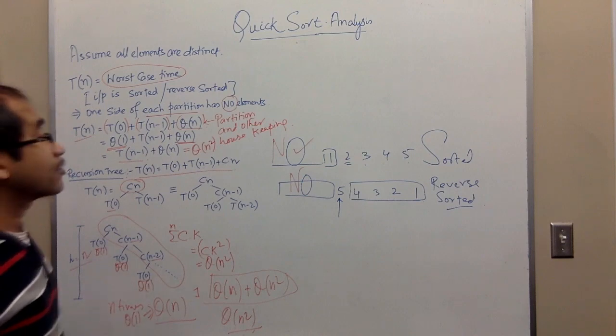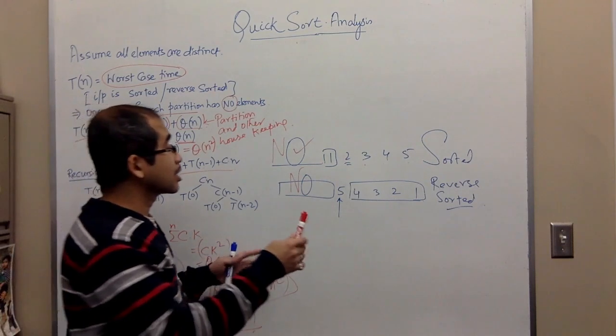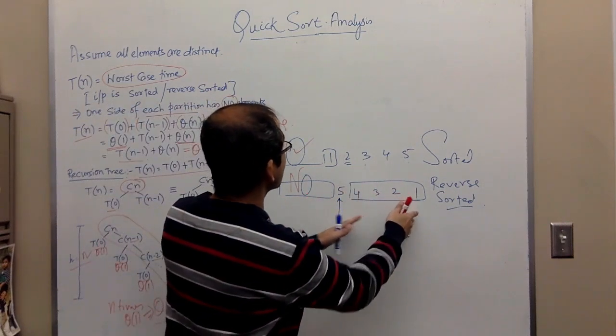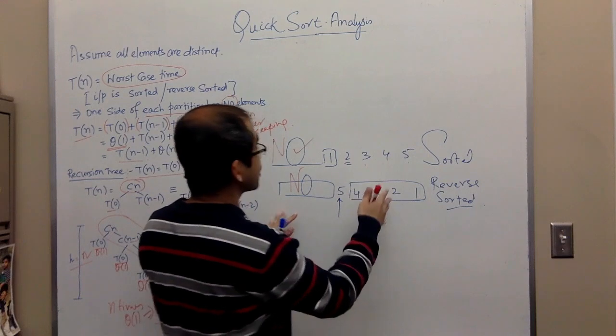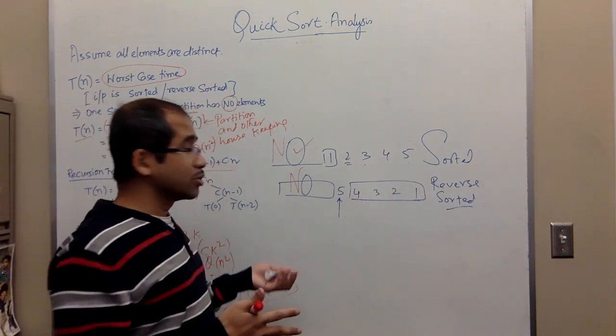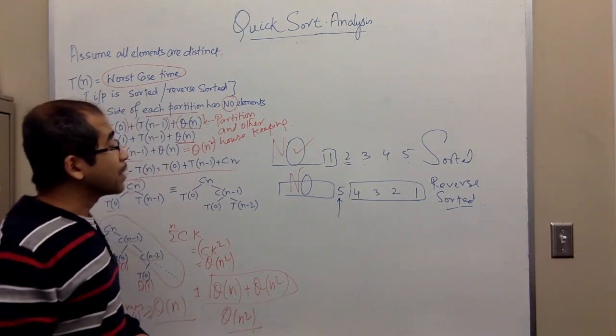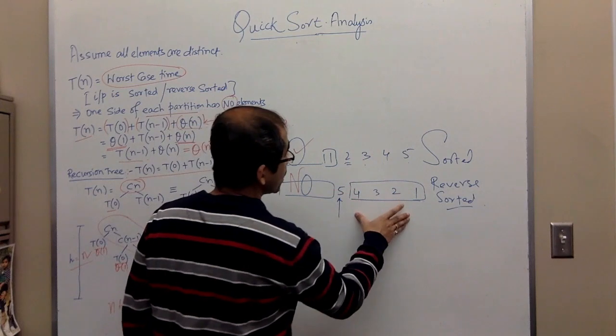Now, what will be the average case? You can understand the average case is where, after the partition, the two sub arrays are very nicely balanced. Or, I mean, the best case, we never discussed the best case, but the best case should be where there is an equal number of elements in both the sub arrays.